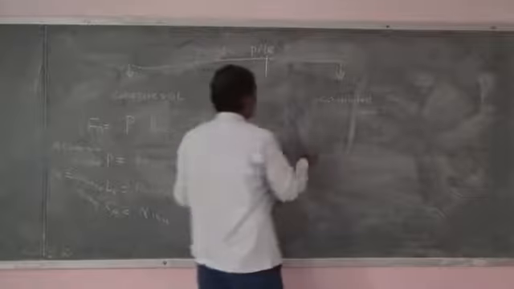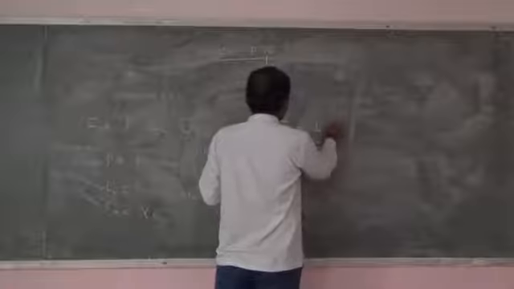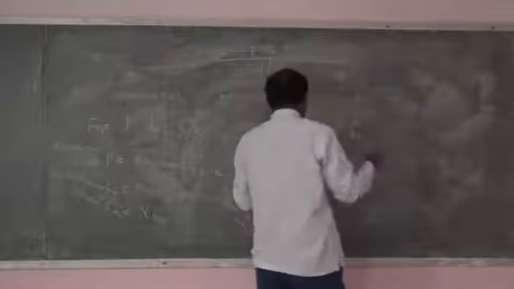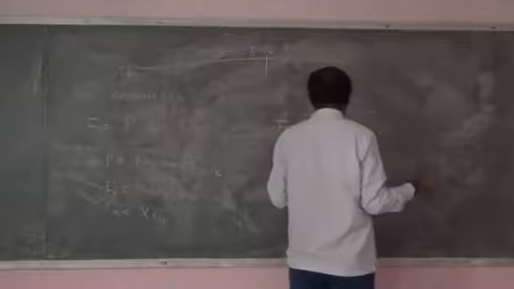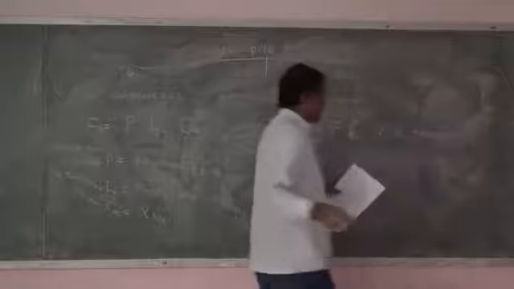And in case of cohesionless soil, Fn is given by half P, same perimeter, LC square, same length up to compressible soil, gamma is the unit weight, K into tan delta.